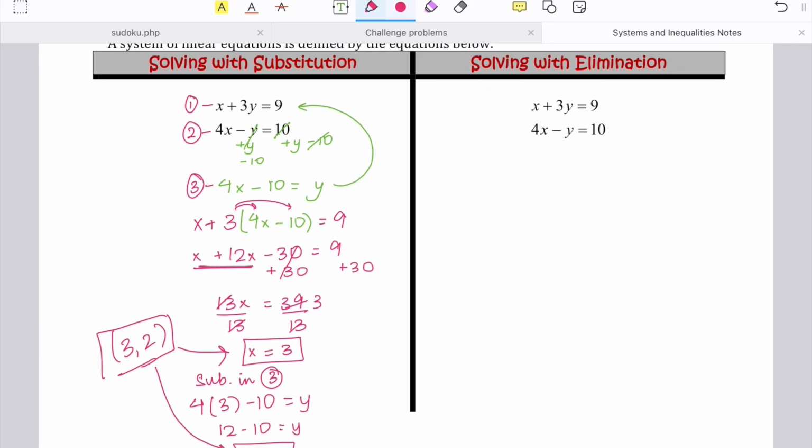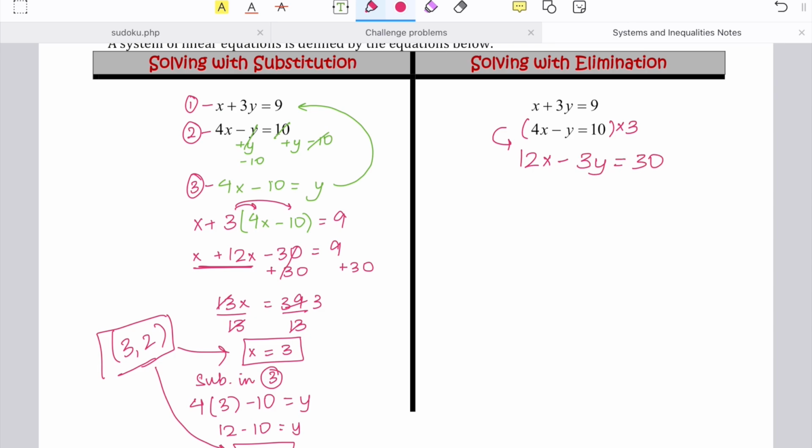Solving with elimination. Now we need to eliminate, add or subtract, right? To do this, we'll have to multiply our second equation by 3, or you can also multiply your first equation by 4. So I'll get 12x, because 4 times 3 is 12x, minus 3y is equal to 30.